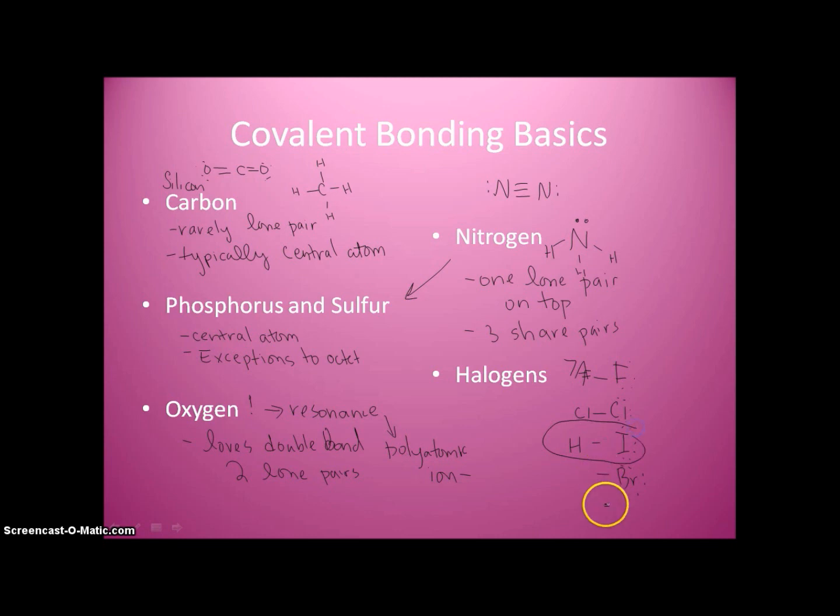Notice this is hydroiodic acid here. Just throw that in there. Or if they're bonded to carbon or sulfur or something else, and you have a different central atom, they're always going to have these guys with 1 shared pair and 3 lone pairs.